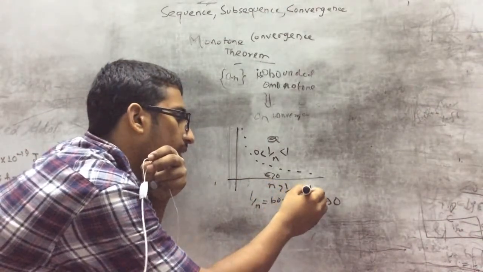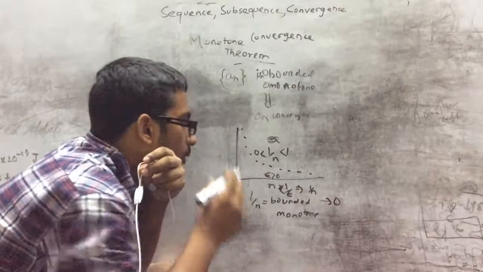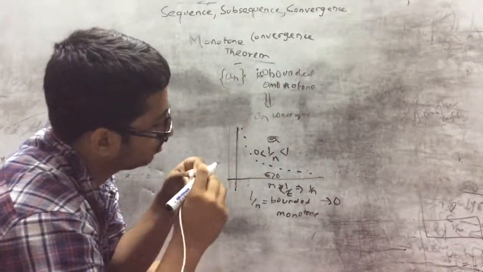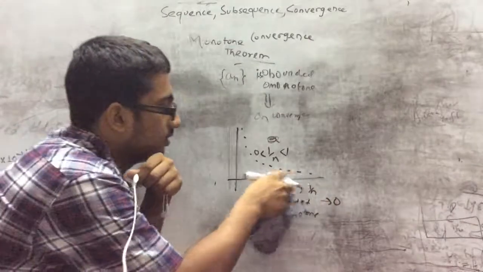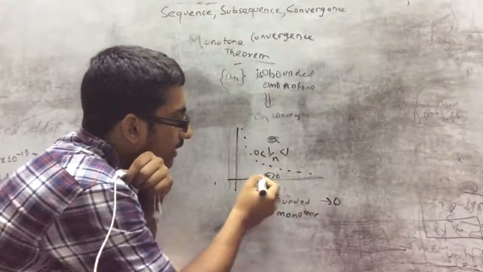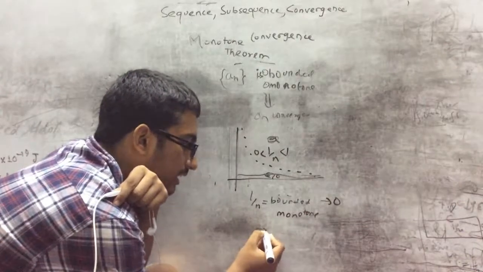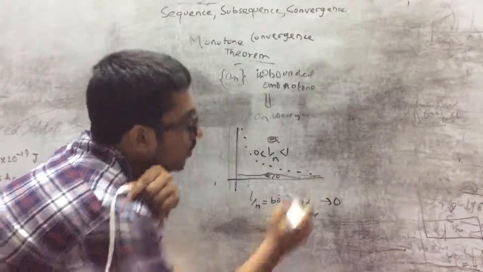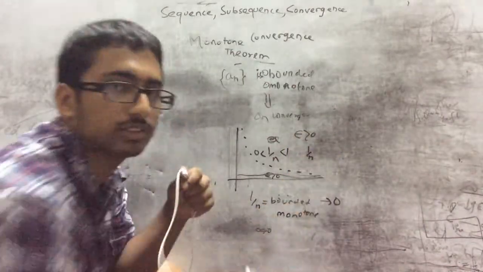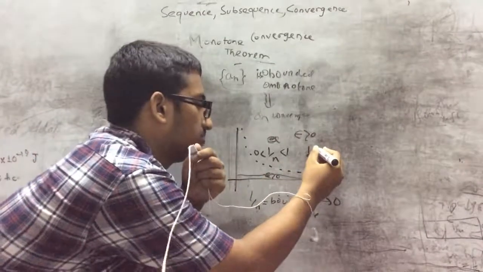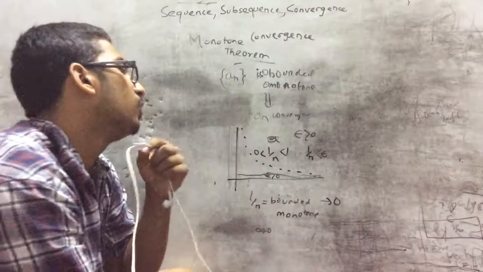So it implies that 1 by n is less than epsilon. So for any epsilon greater than 0, there will be a number 1 by n, with n an integer, so that's the definition of limit, right? So that it is in between 0 and epsilon.